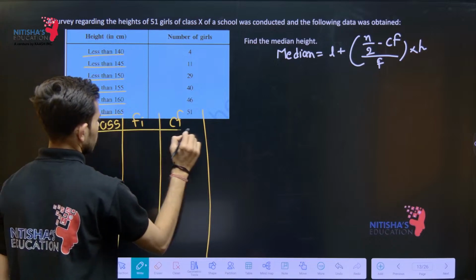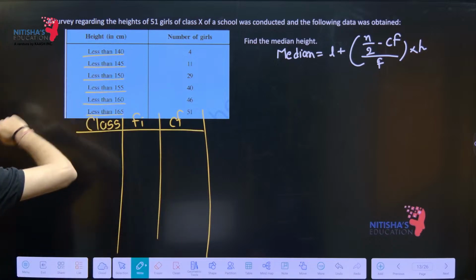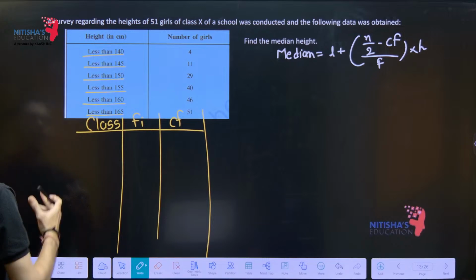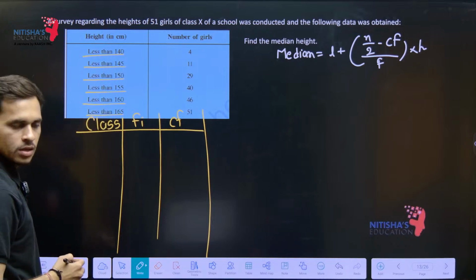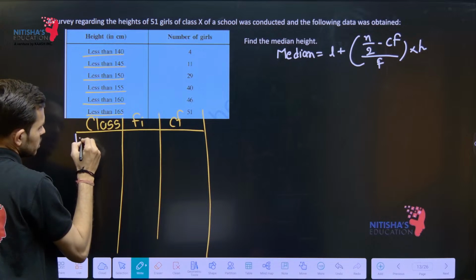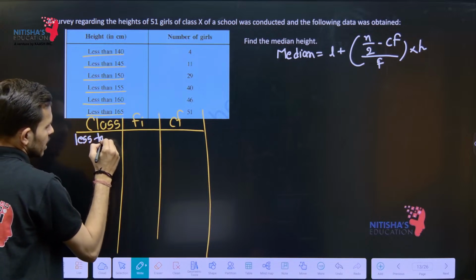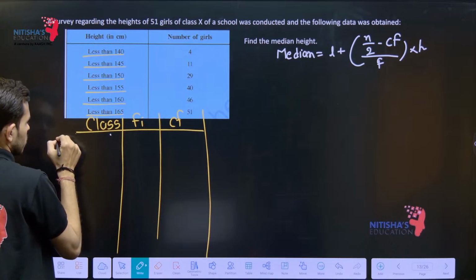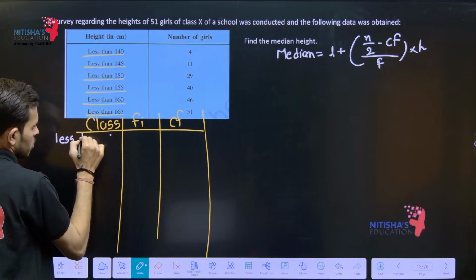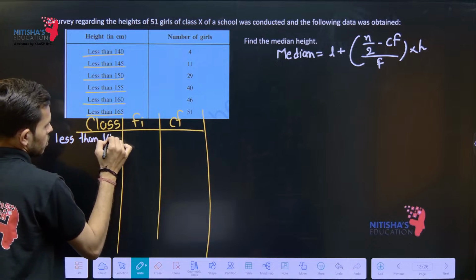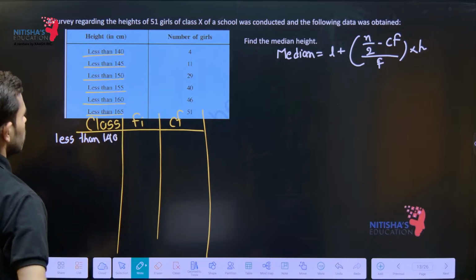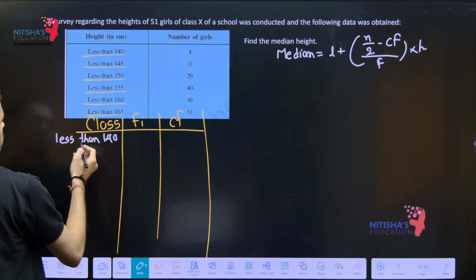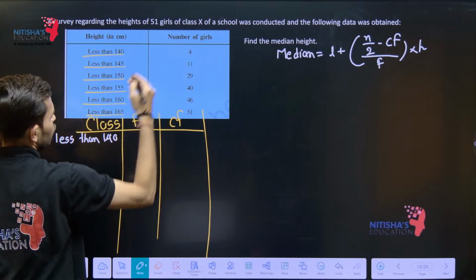Here there is no class given, but we have less than 140. So let's form one class which is less than 140. So less than 140 we have 4 girls.